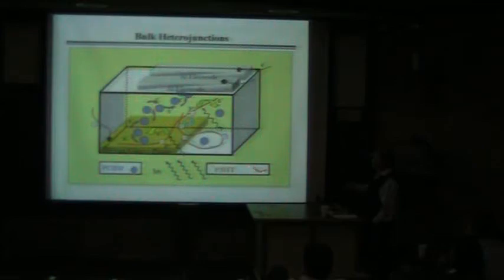This part, this macaroni, is a polymer. This part is a small fullerene, and we shine light. Mostly light is absorbed in the polymer, and then the exciton dissociates into an electron and a hole. The hole goes this way to the anode, and the electron goes from one fullerene to the other to the cathode.